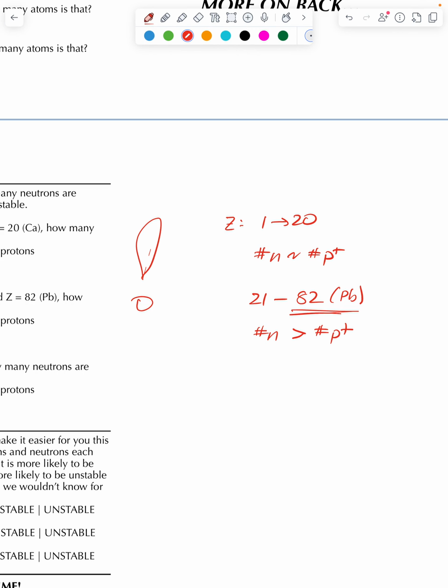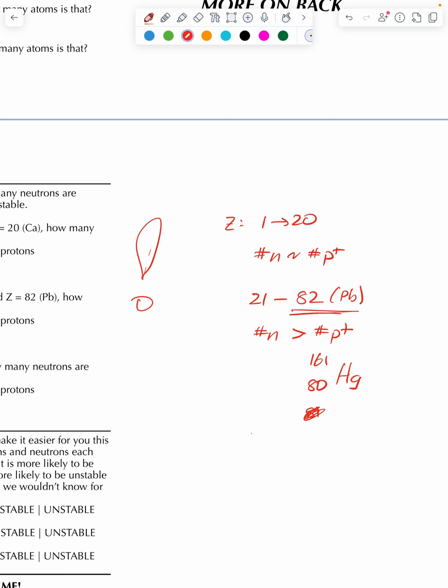By the time you get to element 75 or 80, you need almost 1.5 neutrons compared to protons. So at element 80, which is mercury, we don't want, let's say, 81 neutrons, which would give it a mass number of 161. We'd probably need 115 or 120 neutrons, so the mass would be around 200. I'm not going to get that technical on it.